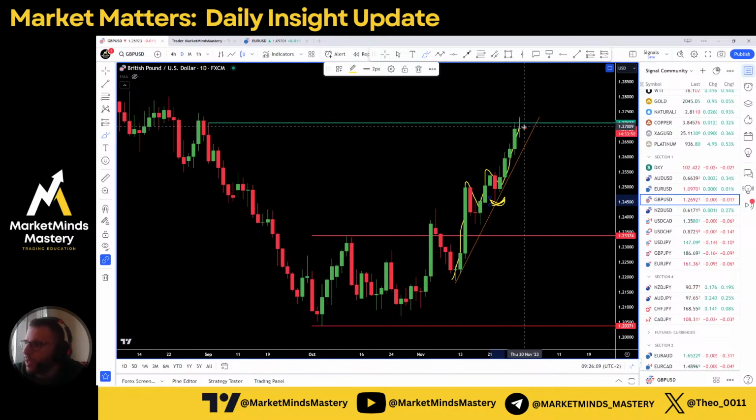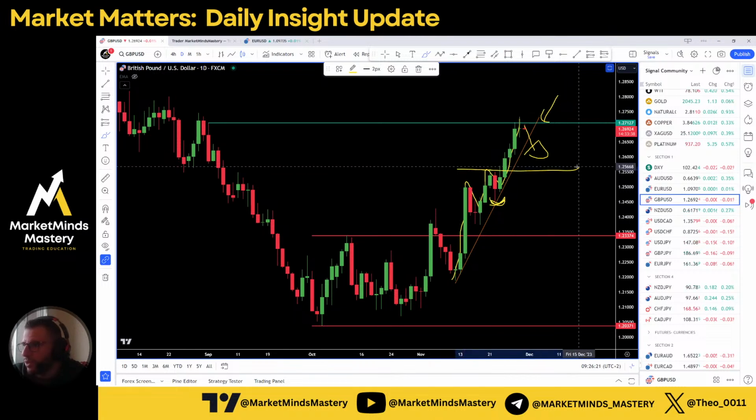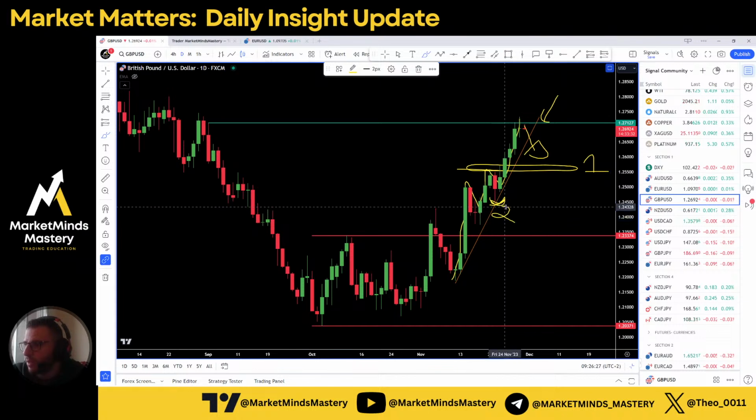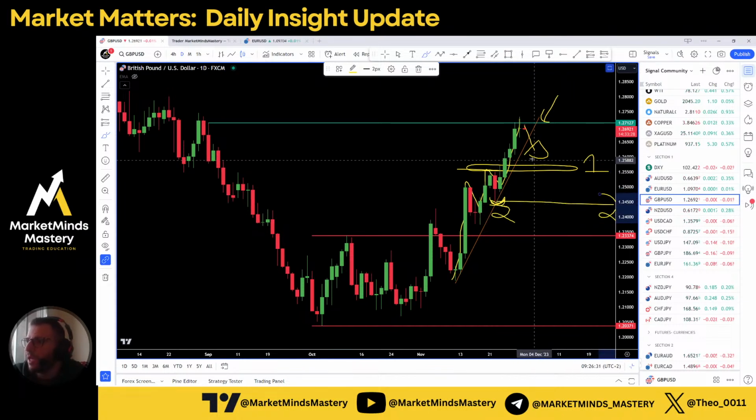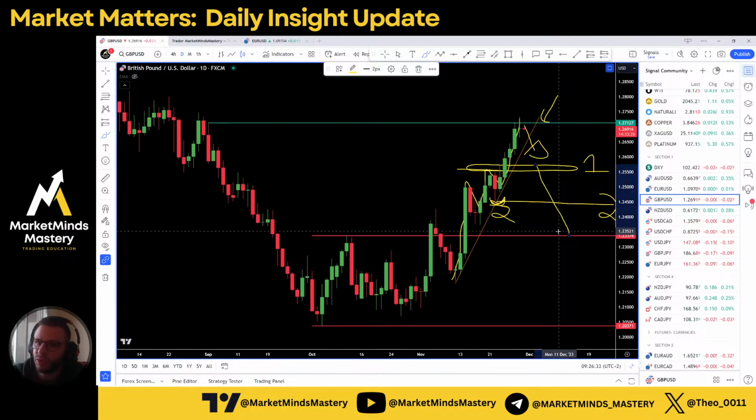So we might see today the break of this upward trend line, but the price has to overcome this swing low support, that's number one, and the swing low support, that's number two, before we see a new trend development, a downtrend.